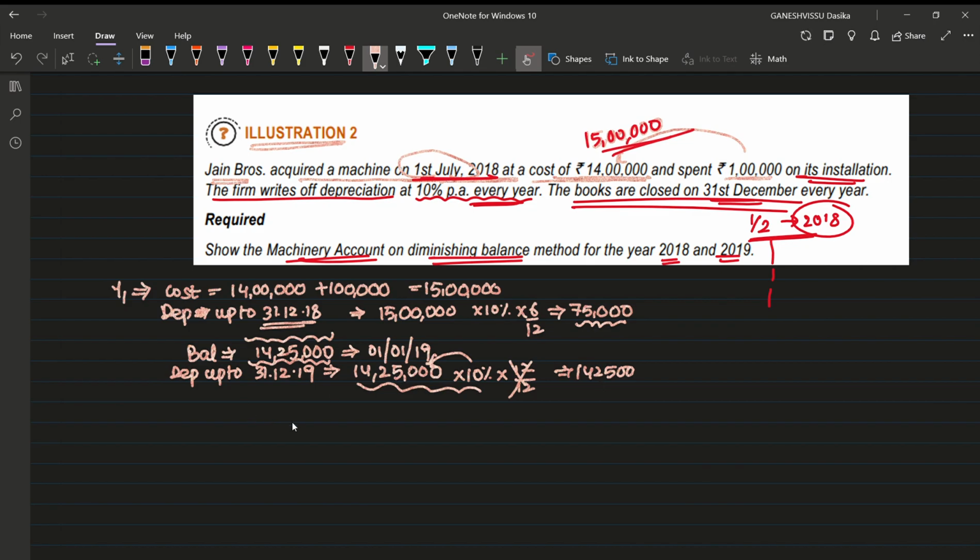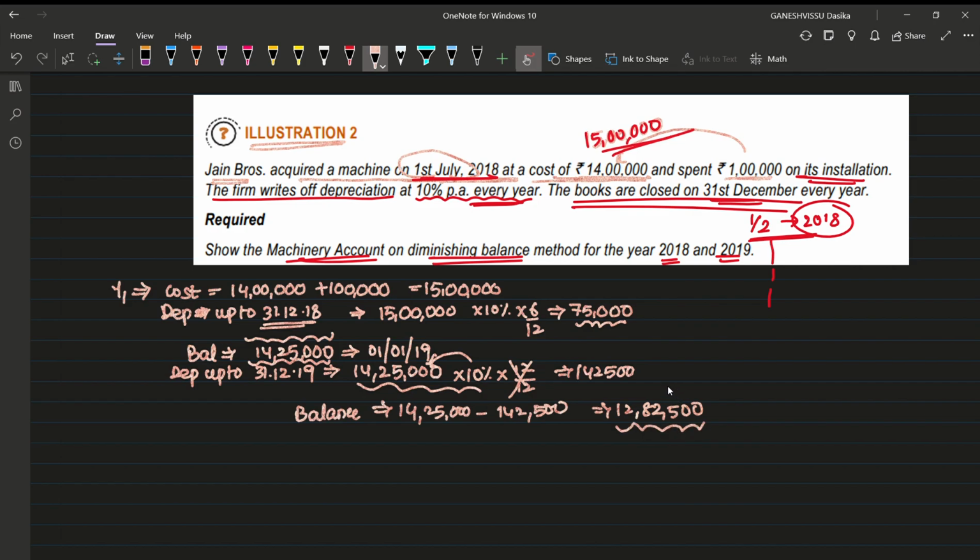Then what would be the balance carried forward for the next year? It will be 14 lakhs 25,000 minus 1,42,500. With the help of a calculator we can see 14 lakh 25,000 minus 10% is 12 lakh 82,500.